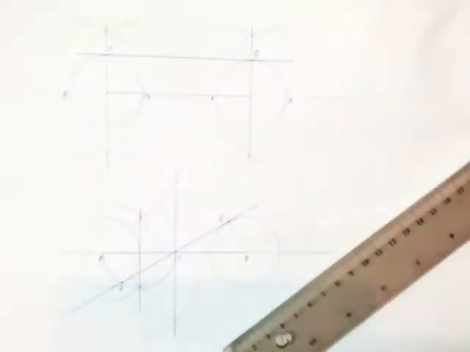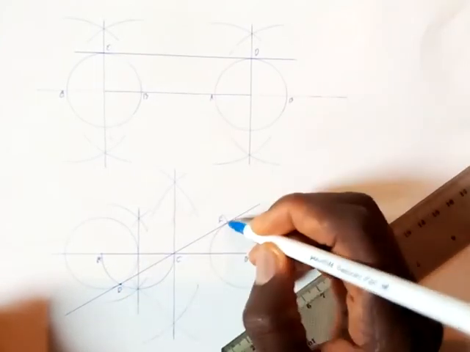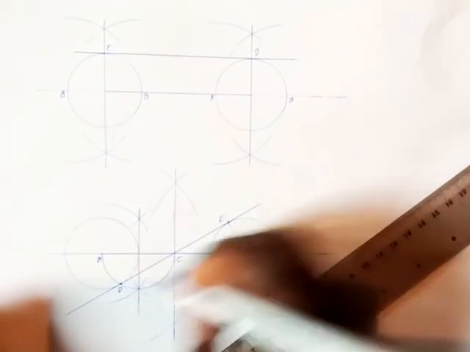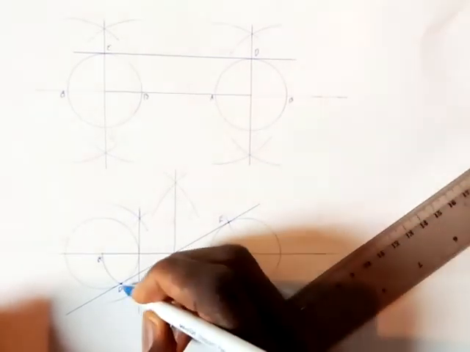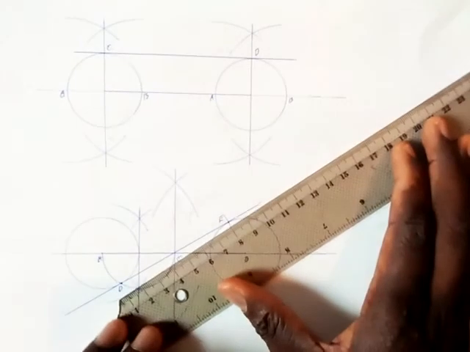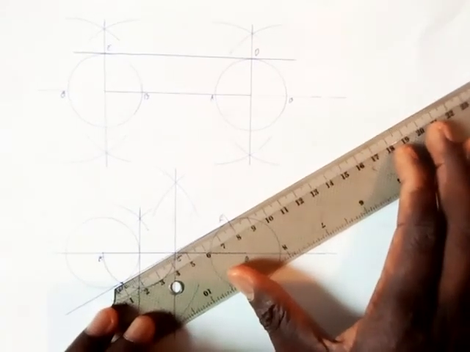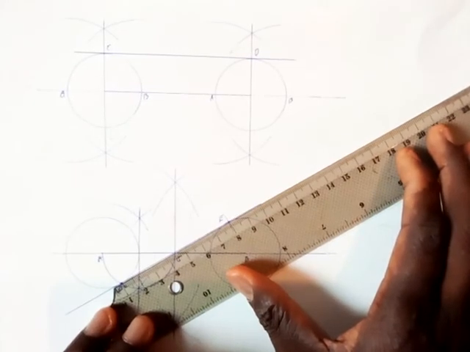These two points, point D and point E, are the points of tangency. If you are asked to measure the distance between the points of tangency, all you need to do is measure the distance between point D and E. As we can see here, this is equal to 70 mm.